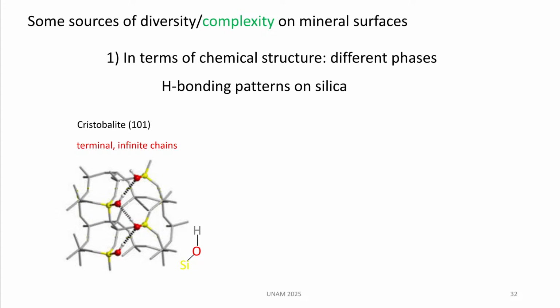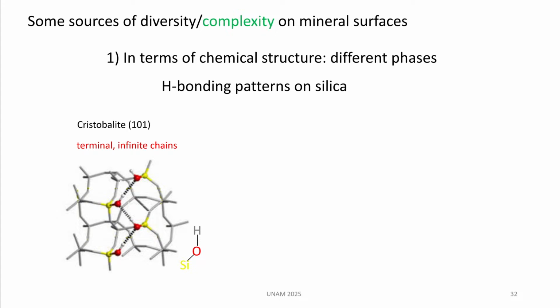Silica can be understood as a mostly covalent bonding between Si and O. The O are bridging between 2 Si, and the Si are 4 coordinated. If you cut a surface in silica, to keep electron neutrality, you will form some SiOH, some silanol groups.